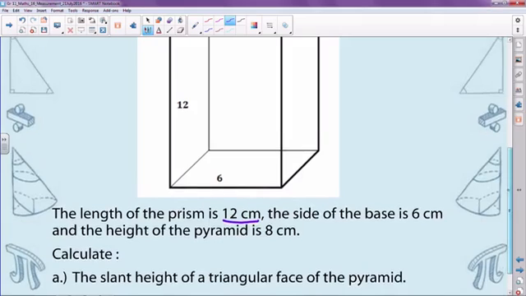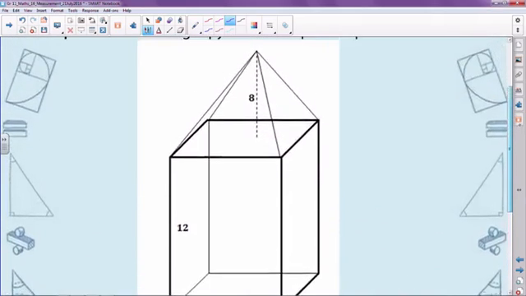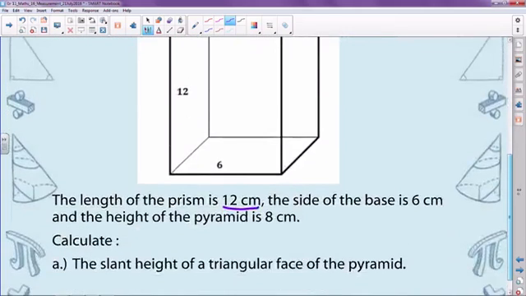Okay, so before I do it with you guys, I want you to take 2 minutes to work out the slant height of the pyramid.